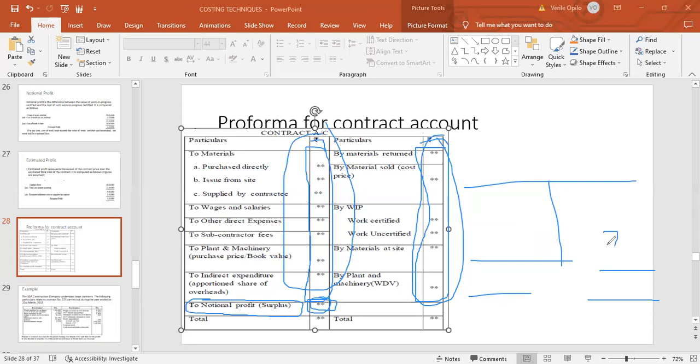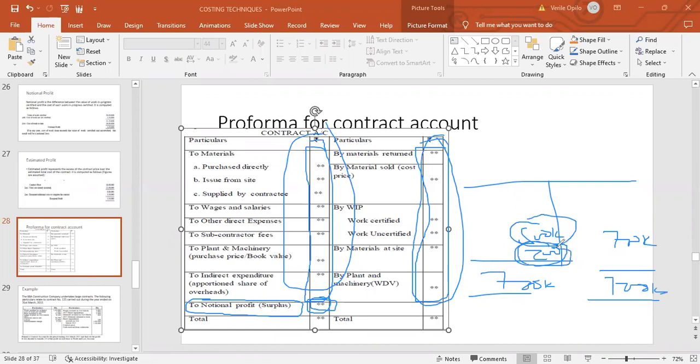So let's say our credit side was 700,000, our debit side is 500,000. It means that there's a difference of 200,000. This difference of 200,000 here is the profit. So therefore here total is 700,000, you're supposed to balance off at 700,000. This total is 500,000.